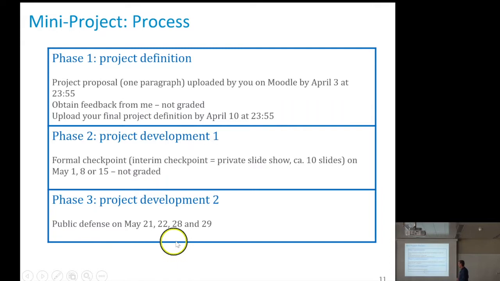And in the last 2 weeks of the course, in fact, there will be in this room public defenses where each of you presents the work, and part of the performance evaluation work is how to present the results. That's a very often disregarded part, but we will also monitor that.